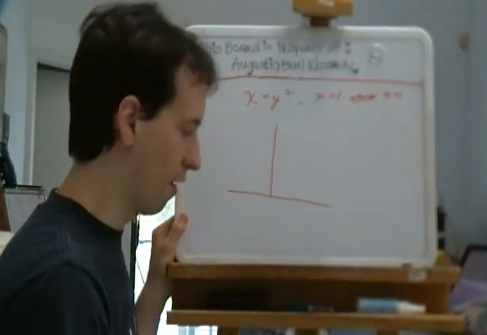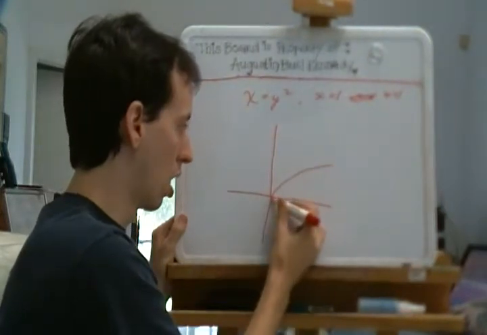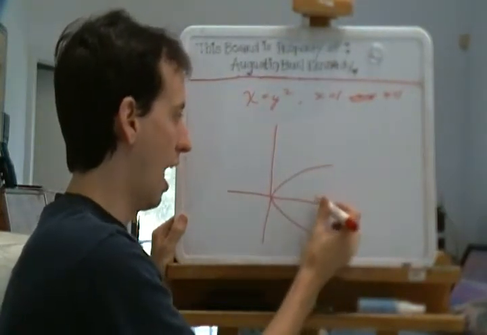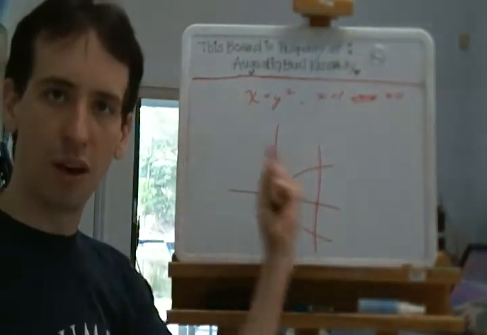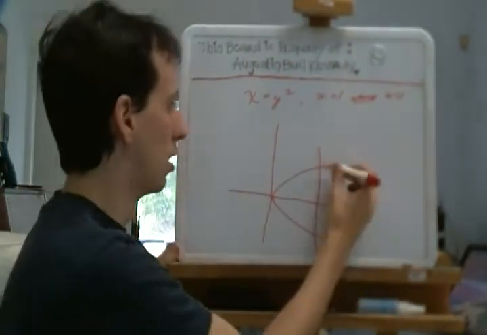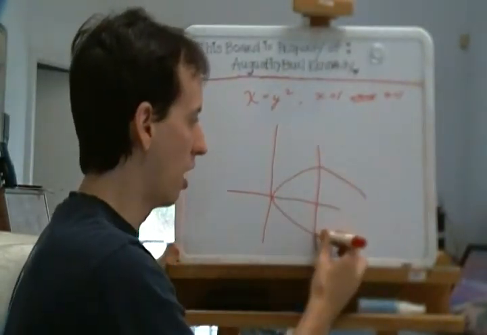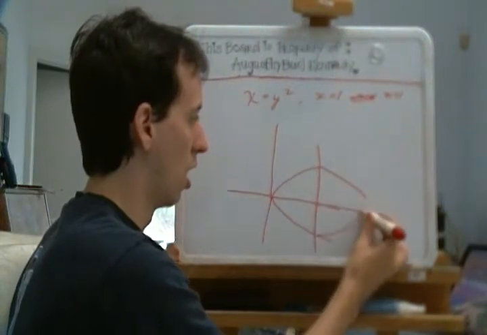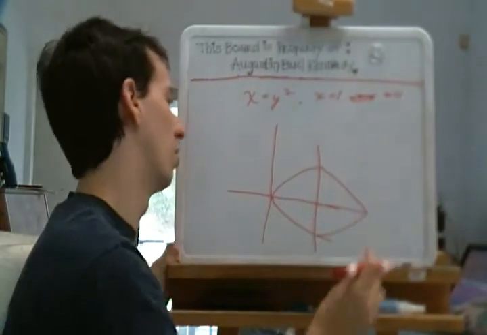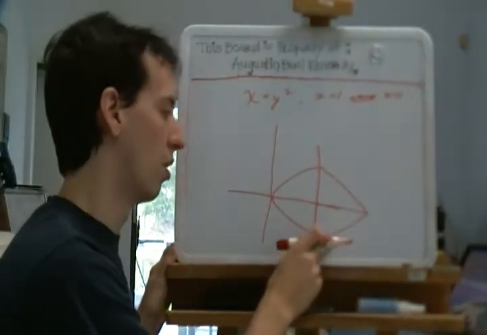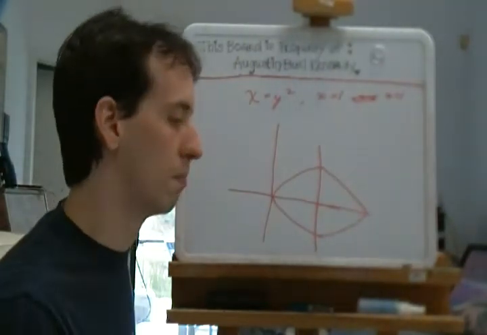We're going to have y squared, and we're going to have 1, and we're going to rotate it around x equals 1. So we're going to get something that looks kind of like some sort of football. Well, that's not a very good looking football, but that's basically the type of shape that we're going to be looking for.